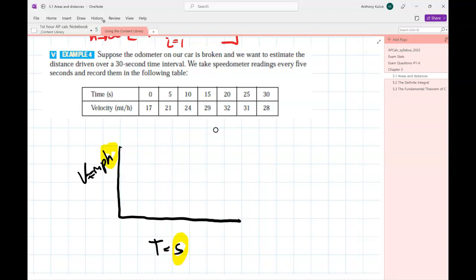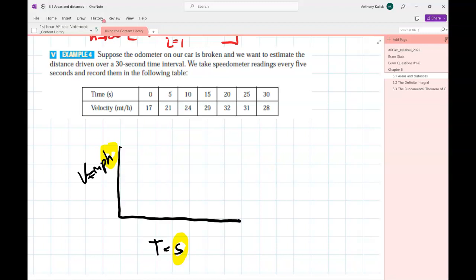Either the time has to turn from seconds to hours, or the velocities need to turn into miles per second. What do you guys think? Yeah, I would turn the velocities to seconds also. I don't want to muck around with itty bitty teeny decimals on the second side, turning those seconds into hours. Everybody agree with that? That's my whole motivation, though. It doesn't really matter, but I'm going to choose the one that seems the least annoying to deal with.